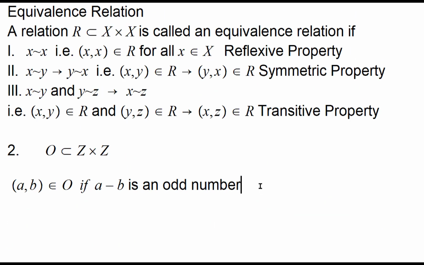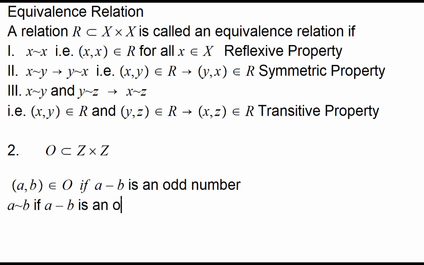Now let us take up example number two that we had, that A is related to B, where A and B are integers, if A minus B is an odd number, right?